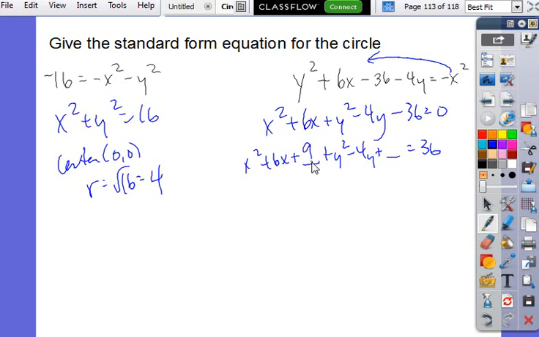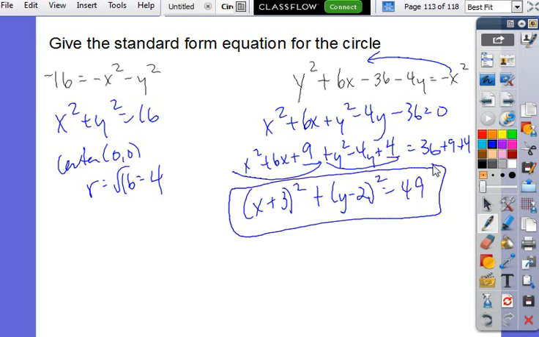Added on both sides. 4 is in the middle. You get 4 when you divide by 2 and square it. These 3 break down. Those 3 break down. Add up the stuff on the other side. There's your equation.